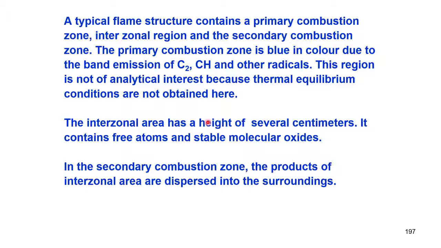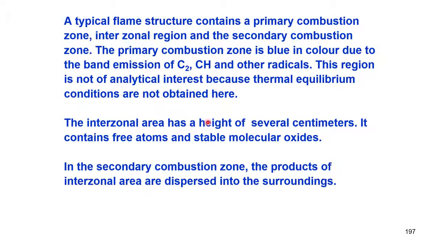For example, if you are using aluminum, it may form aluminum oxide globules, so it is of no use. Mostly refractory elements are not useful because the temperature here is not good enough to vaporize them. But any other element which does not form oxide should be present as a free atom in this range.